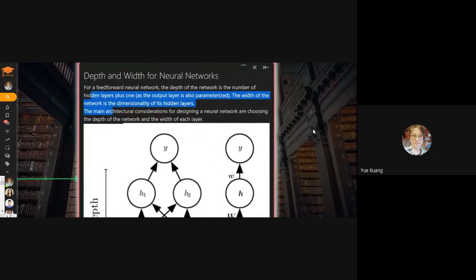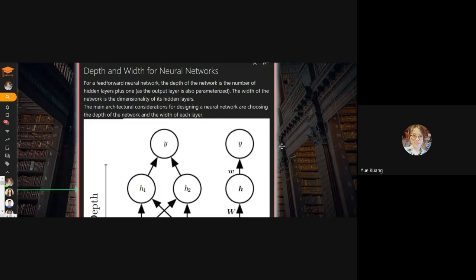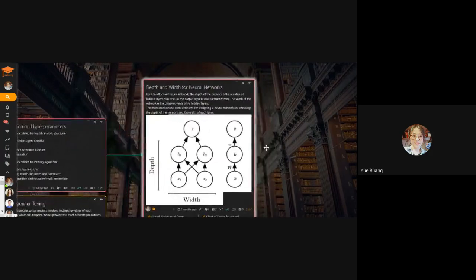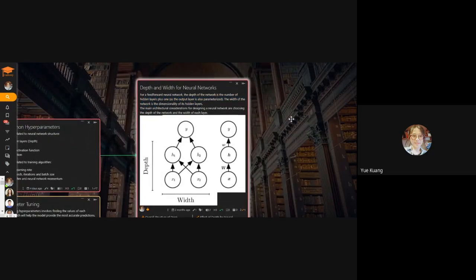So here is the depth and width for neural networks. For a feedforward neural network, the depth of the network is the number of hidden layers plus 1, as the output layer is also parameterized.